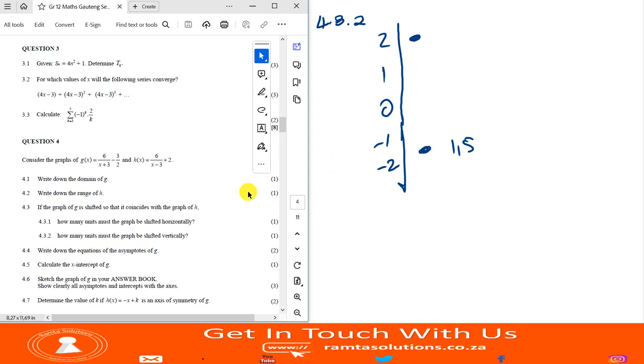So this is g, and this is h. So g must be moved 3.5 units up. This is when g will coincide with h. Happy?